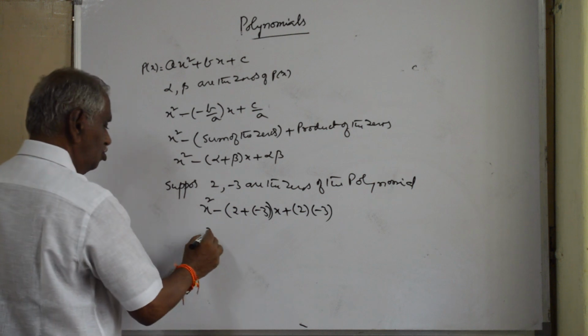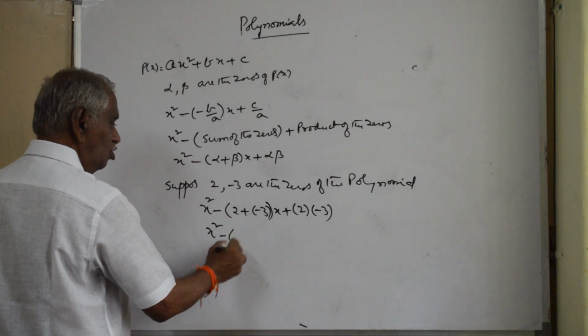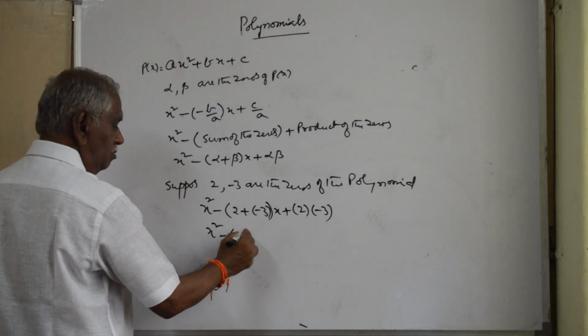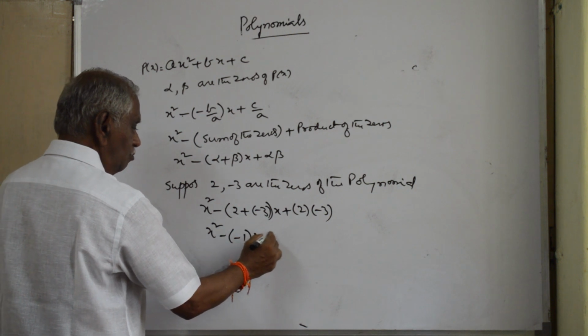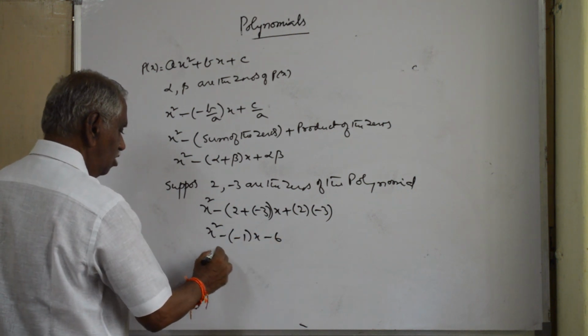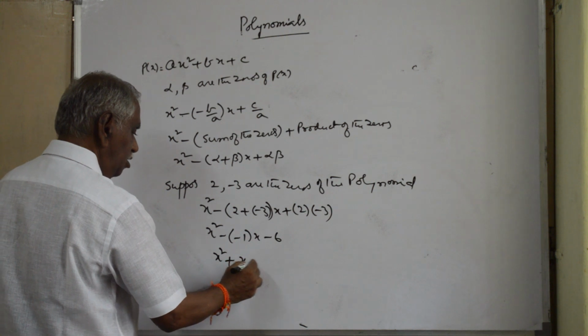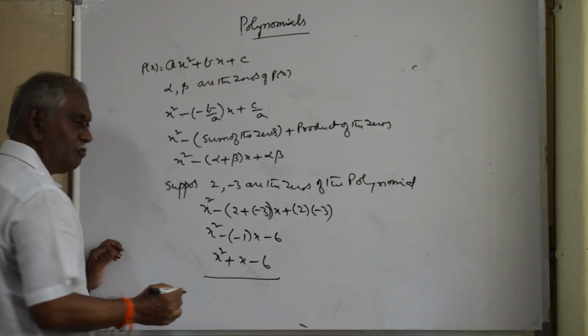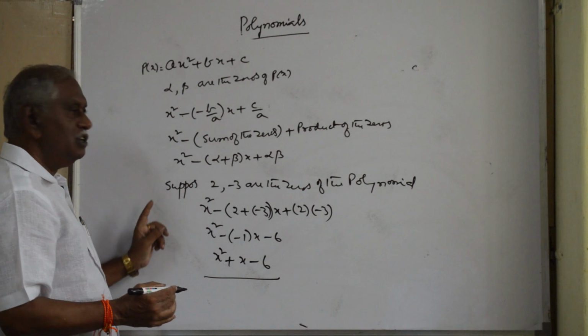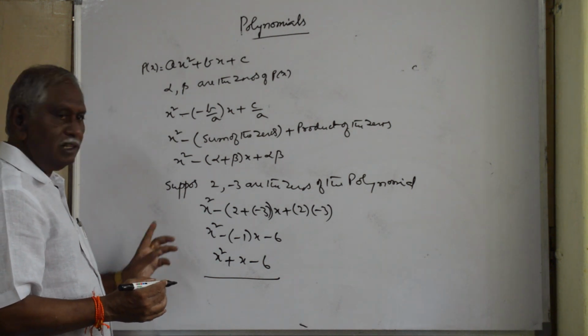So we can say x square minus of 2 plus minus 3, which is minus 1, into x minus 6, or we may say x square plus x minus 6. So we can frame a polynomial. When you are given two zeros, you can frame a polynomial like this.